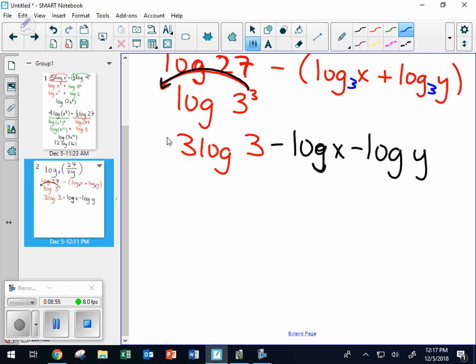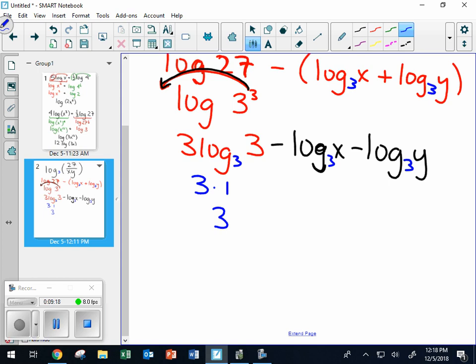From this point, though, if I add a base of 3, as Franny was saying earlier, if we have a base of 3 here, that means that we have log base 3 of 3. What's log base 3 of 3? 1. So then we have 3 times 1, which is just 3.